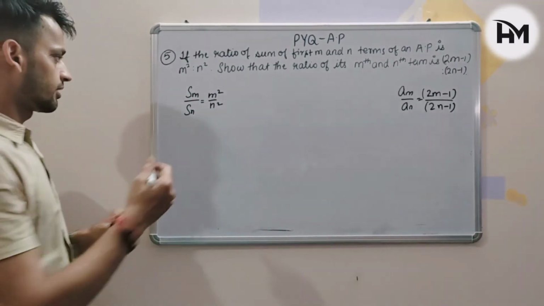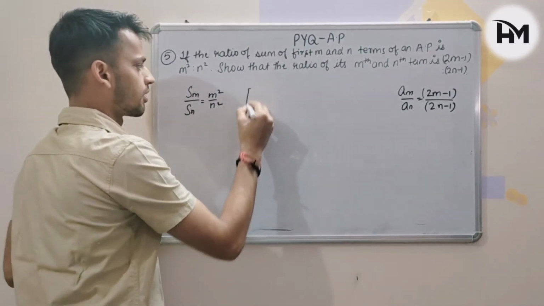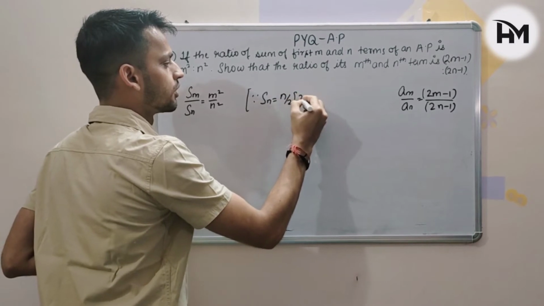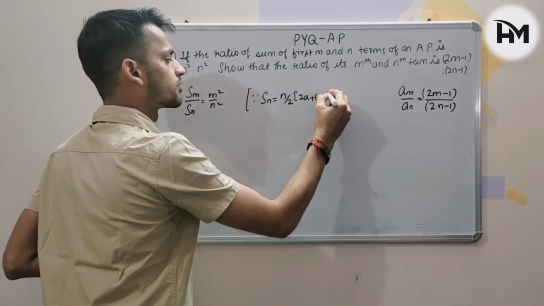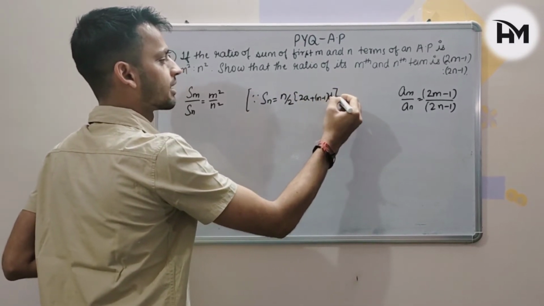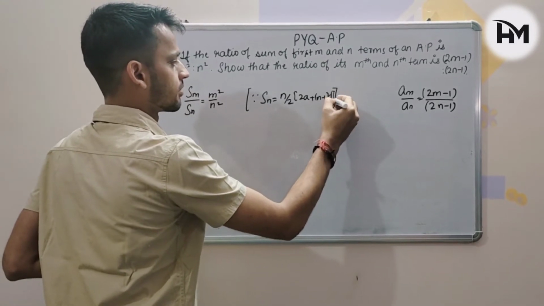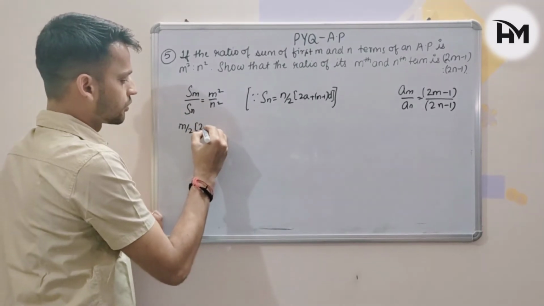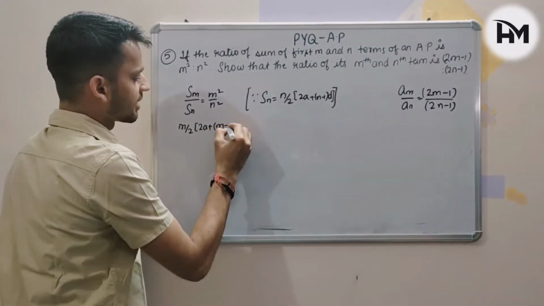So let's solve it. Applying the formula, the sum of the first n terms is n upon 2 times 2a plus n minus 1 times d. We are going to apply this. So what is Sm? m by 2 times 2a plus m minus 1 times d.